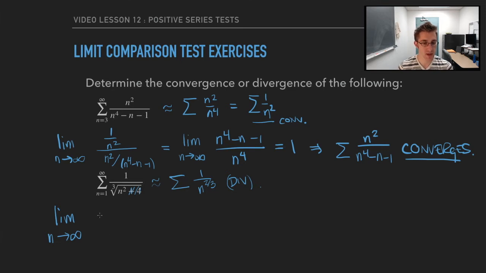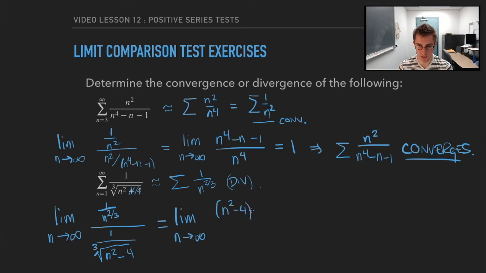So the series I'm comparing to is 1 over n to the 2/3, and the series I was given is 1 over the cube root of n squared plus 4. We should simplify first. We get the limit of n squared plus 4 to the 1/3 over n to the 2/3.